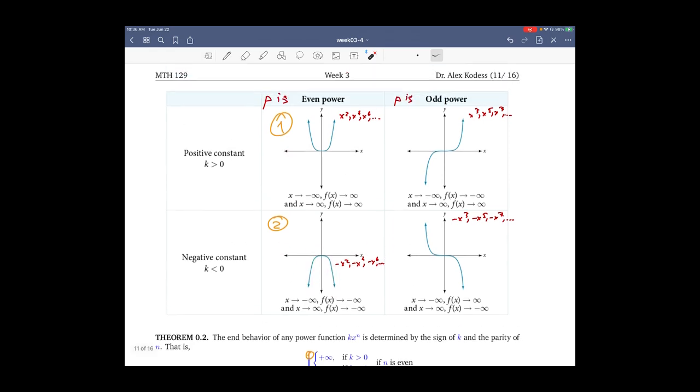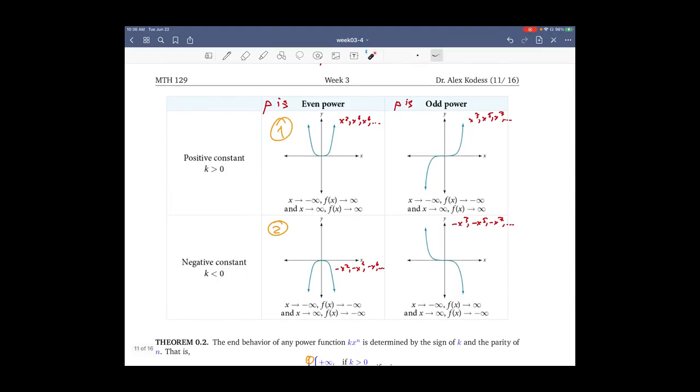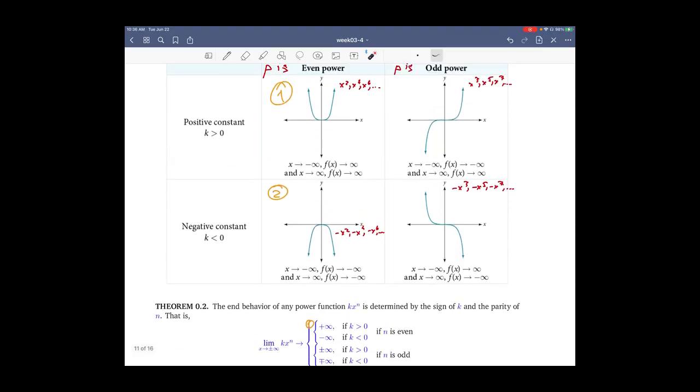When the power is odd, the situation is a little trickier. For positive constants and odd power, we have the function going in the same direction as the argument.